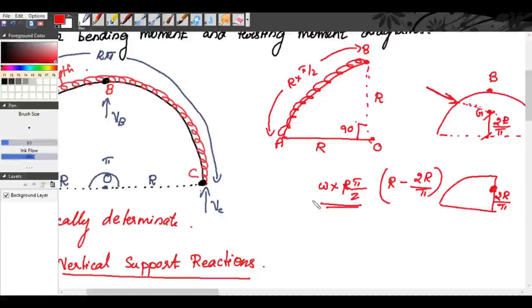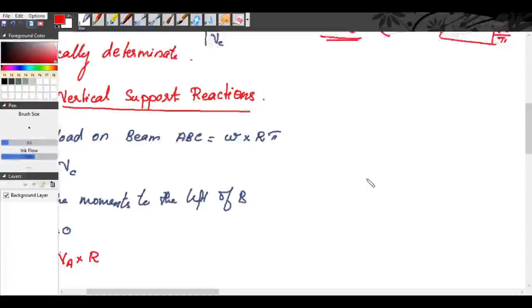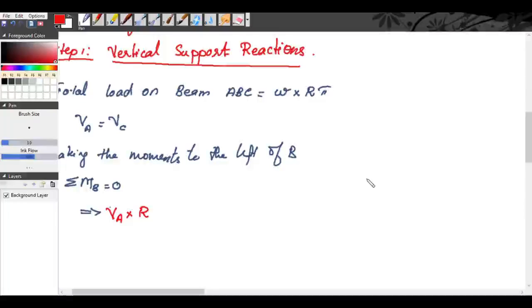So minus W R pi by 2 into R minus 2R by pi.